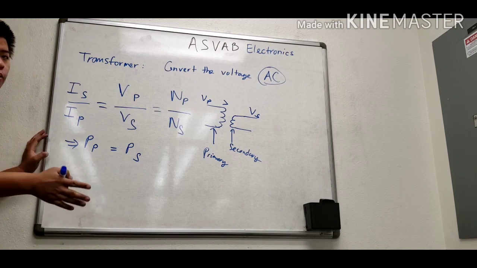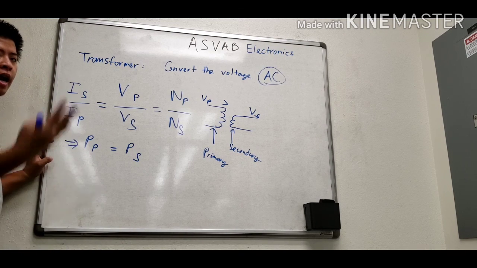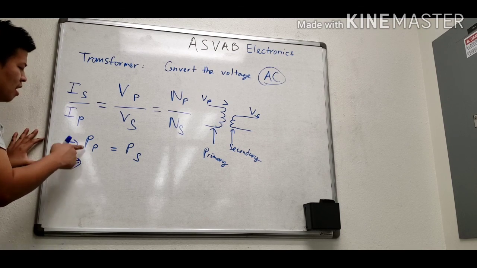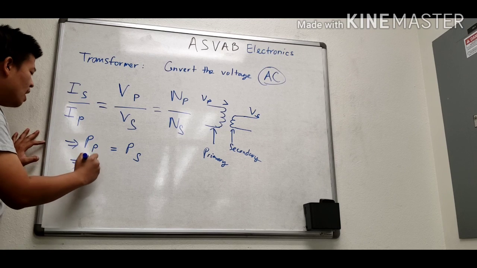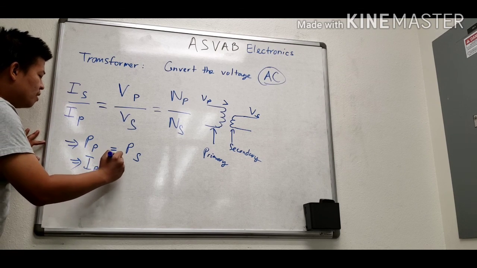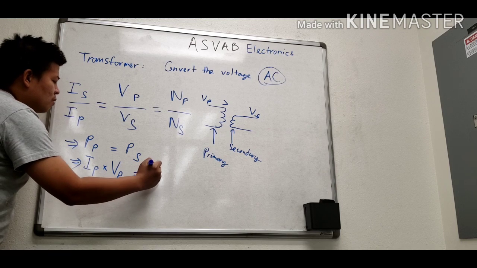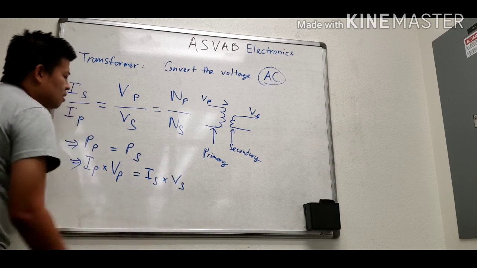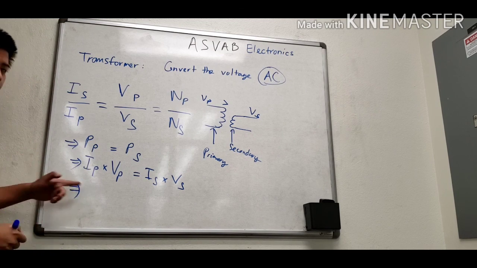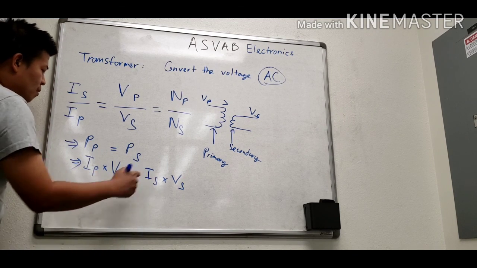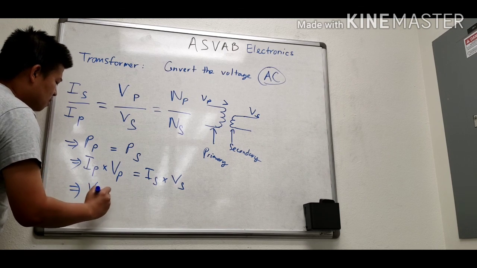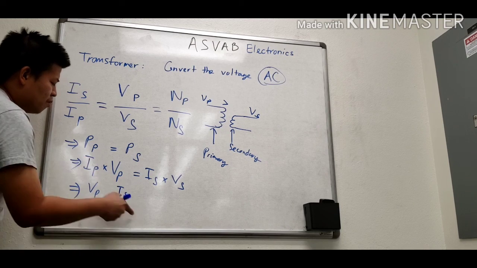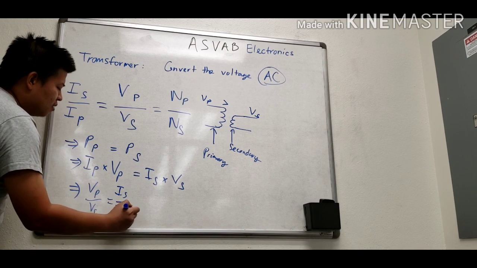This means that the total power before and the total power after in the transformer are the same. So we have IP multiplied by VP equal to IS multiplied by VS. Therefore, when we put the ratio VP divided by VS, IS is on the top and IP moves to the denominator.